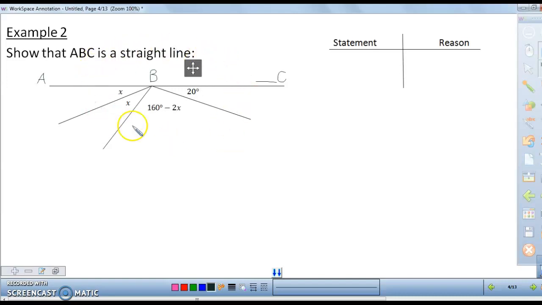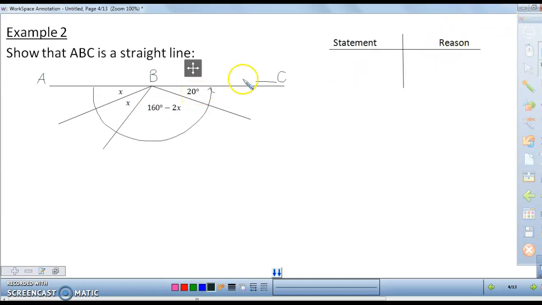So if I look at this diagram, I have all these angles. Together, if it's a straight line, if I add all of this together, it must give me 180 degrees. So let's see if that is in fact the case.